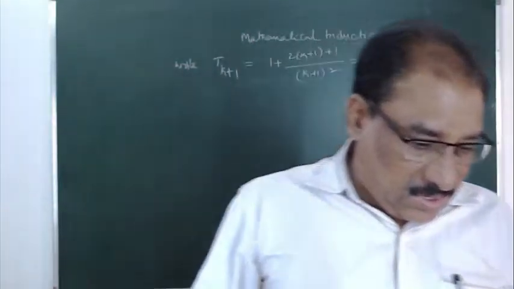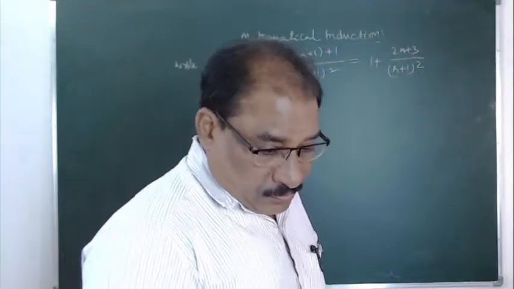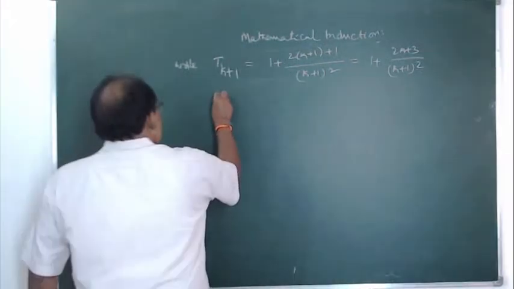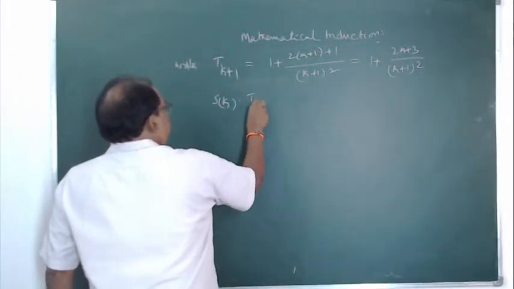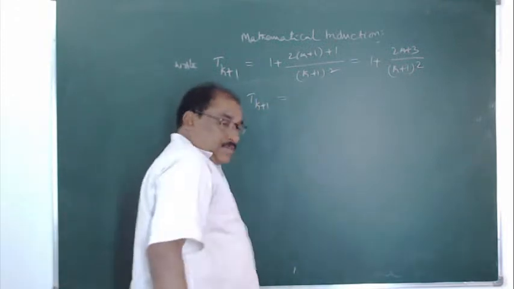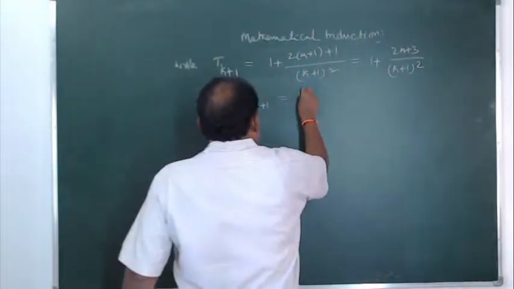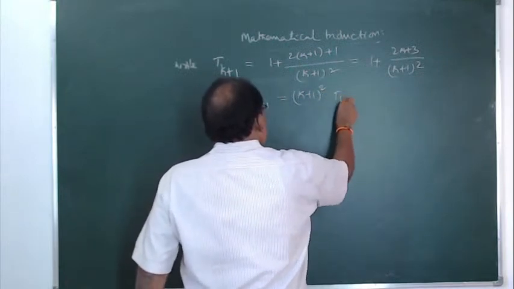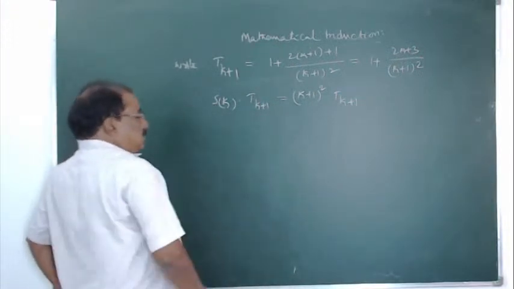That is, therefore, Sk into P k plus 1. What is the formula? The formula is RHS is equal to k plus 1 whole square into tk plus 1. This is multiplication.